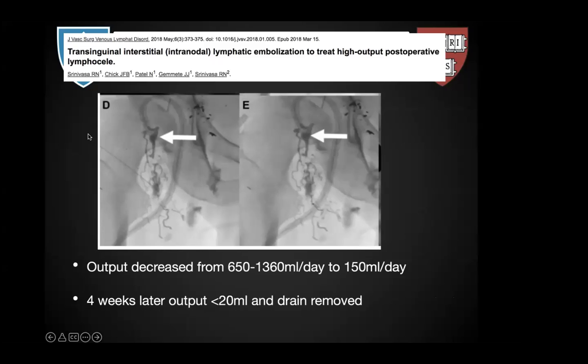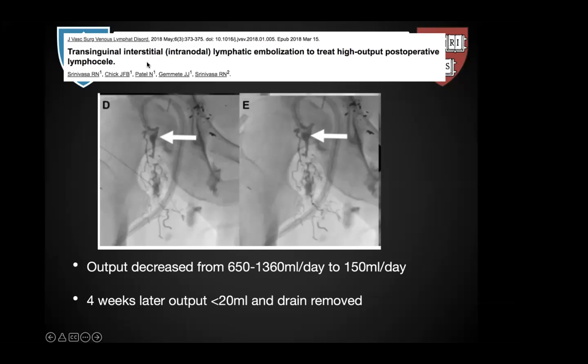Not so much for chylothorax, but for some patients who have lymphatic leaks or chronic lymphoceles, performing lymphangiography in the region of a drain can be useful. This was a particular patient who had a lymphocele with high output after some inguinal node dissection.